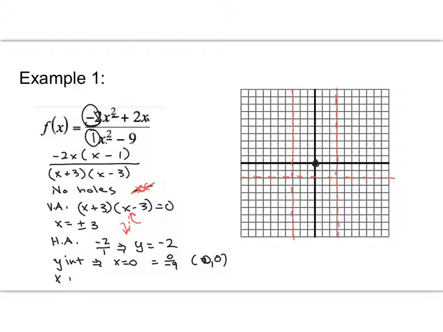All right, and if I want to solve for my x-intercept, well, that means that y is equal to 0. Now that's a little more interesting in this case, because if I set my fraction equal to 0, well, actually, if I set any fraction equal to 0, the only time my fraction here would be equal to 0 is if the numerator equals 0.